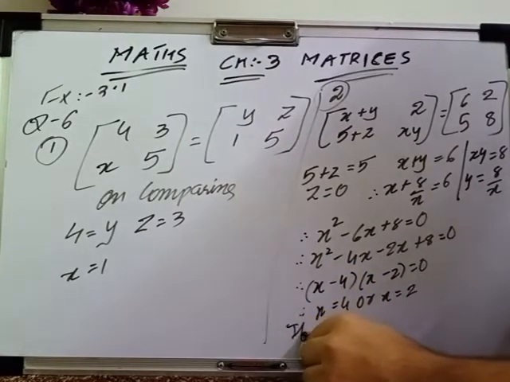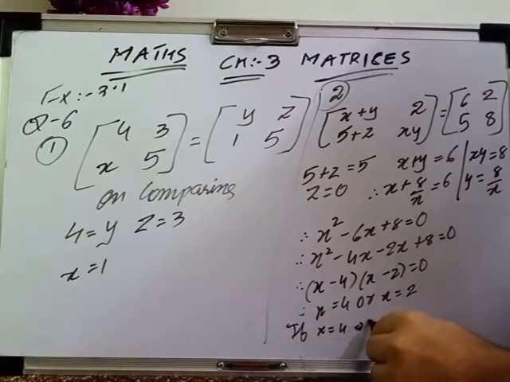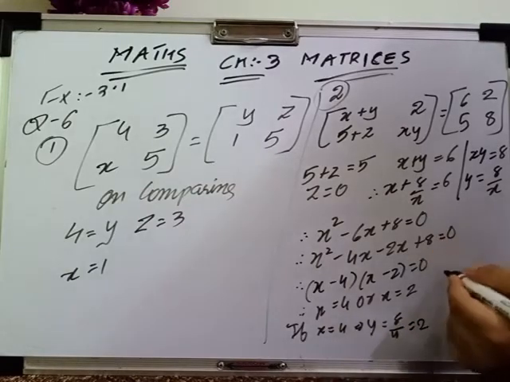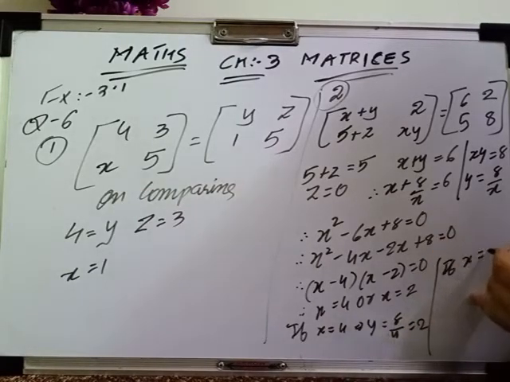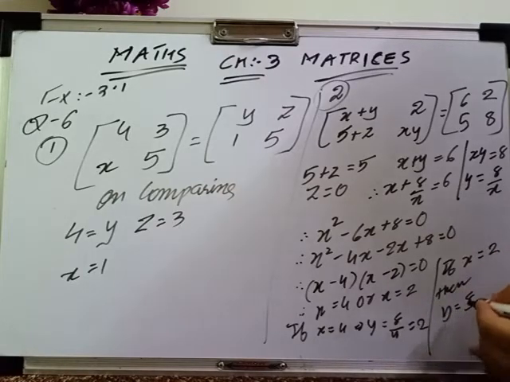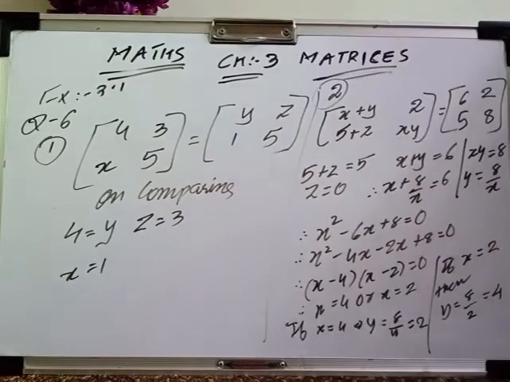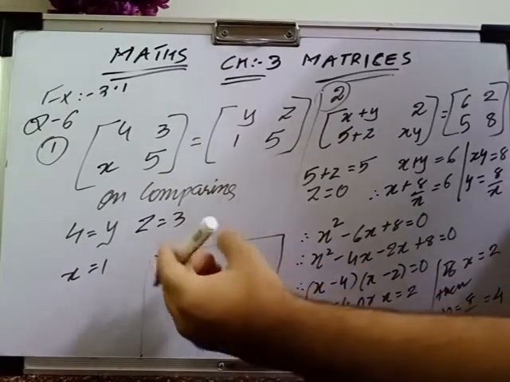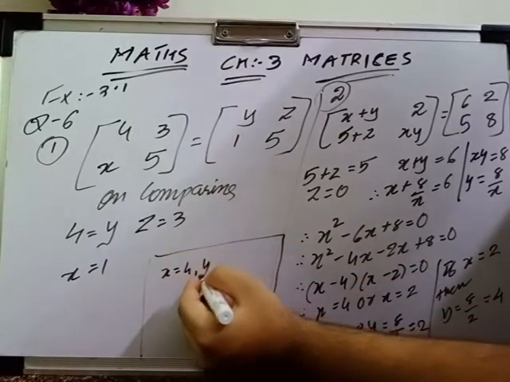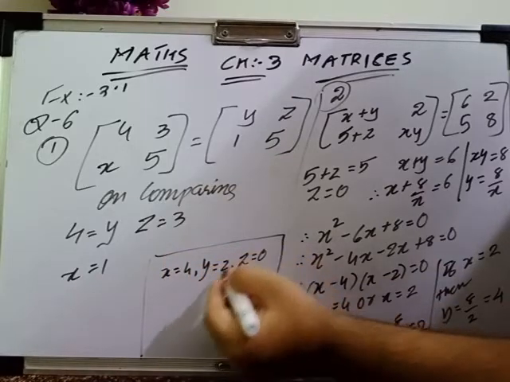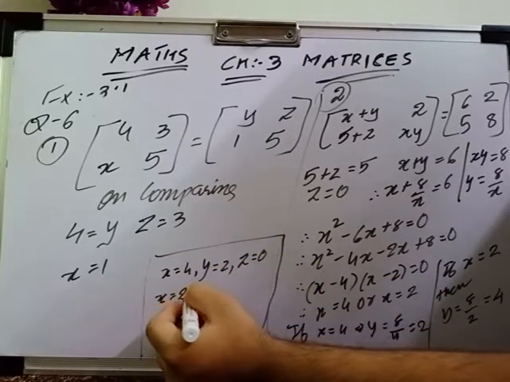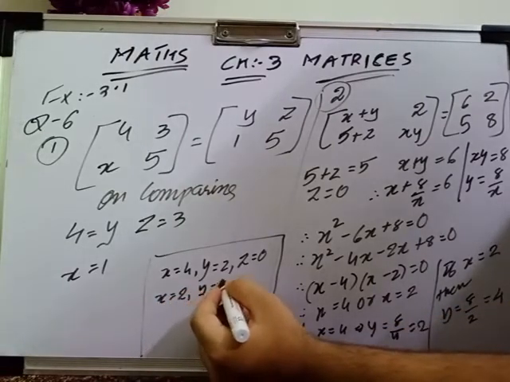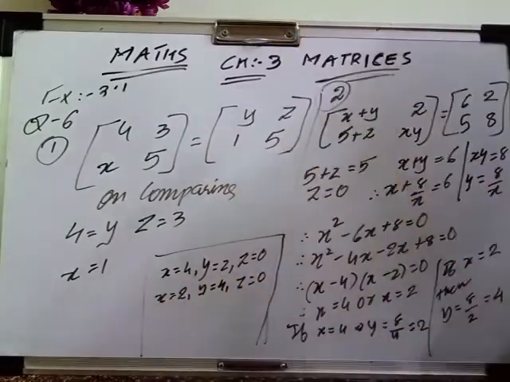If x is 4, this implies y will be 8 by 4, that is 2, and if x is 2, then y is 8 by 2, that is 4. So we have two pairs of solutions: x is equal to 4, y is equal to 2, and z is equal to 0, and the second is x is equal to 2, y is equal to 4, and z is equal to 0, right?